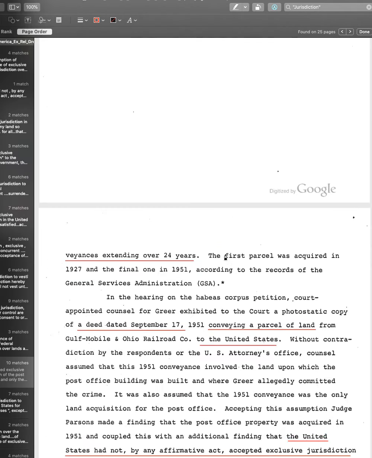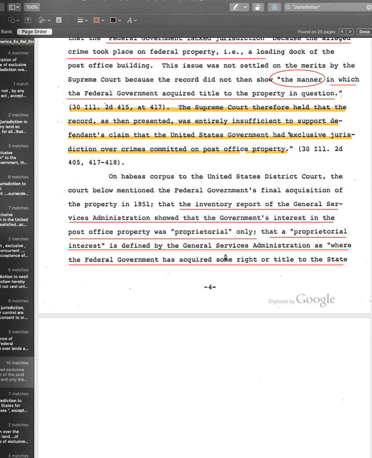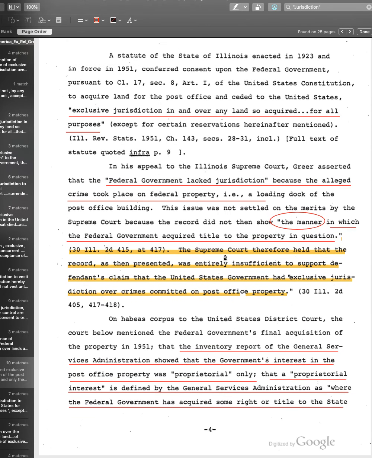Okay, and so what they're arguing is whether this is a state issue or a federal issue, because apparently the federal government did not have the title over this property for exclusive jurisdiction, meaning it had the right to hear all cases whatsoever over anything that happens on this land.